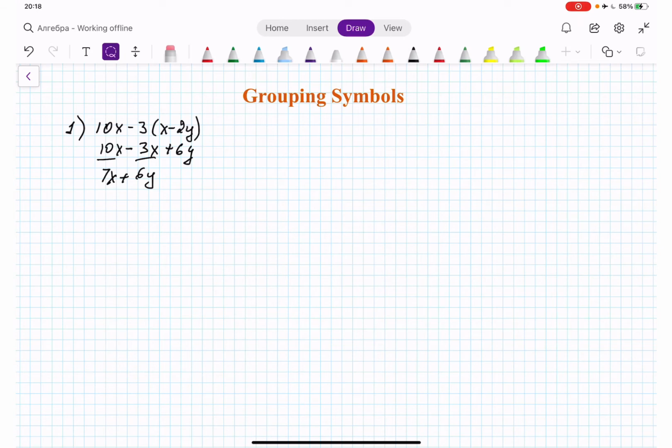Second question. We have 5 times c minus 5d minus 3c plus d.